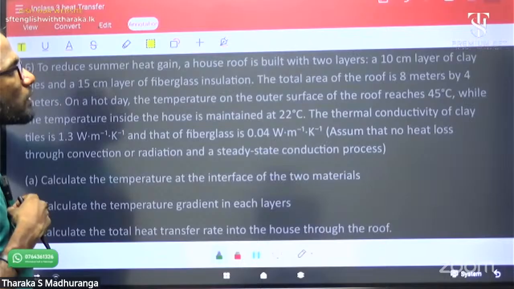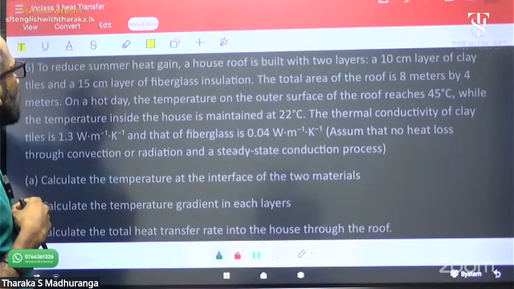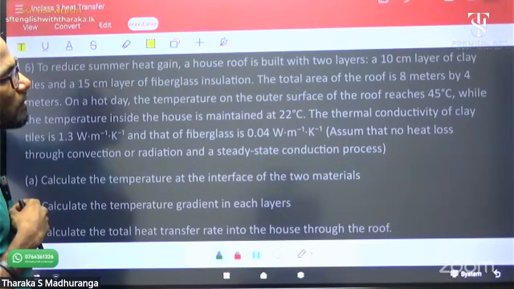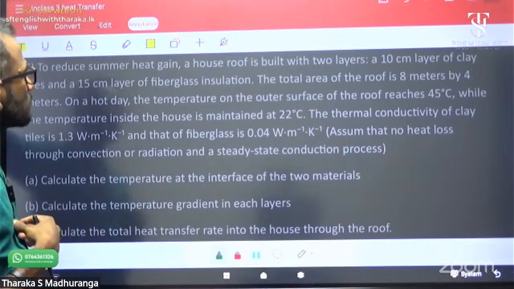The total area of the roof is 8 meters by 4 meters, that means 32 square meters, right?